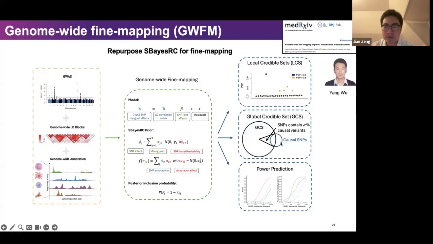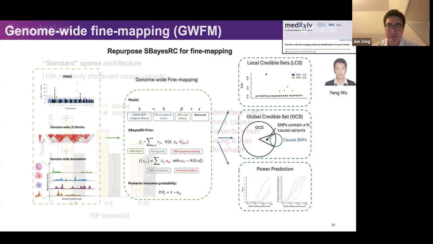We are able to do that because we are estimating the number of causal variants and the genetic architecture at the same time as we do the fine mapping. And because we're estimating the genetic architecture, we will also be able to predict the power for a future study given a sample size. I think that's a cool thing to do. Such a power calculation exists in GWAS, but does not exist for fine mapping yet.